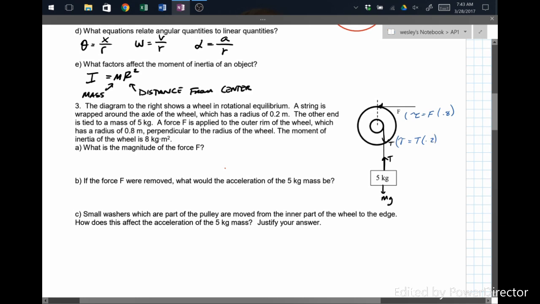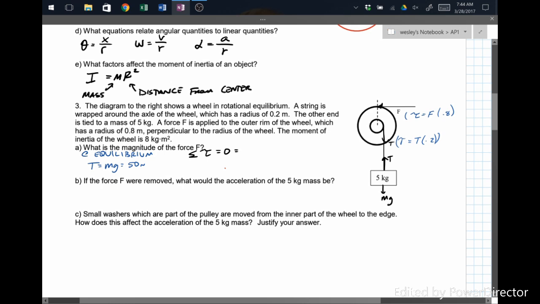Now, in the case where we're in equilibrium, since we're at equilibrium, is the special case where nothing is accelerating. In that specific case, the tension is equal to mg, or 50 newtons. So, looking at what we have going on, net torque in this case is going to be equal to 0.